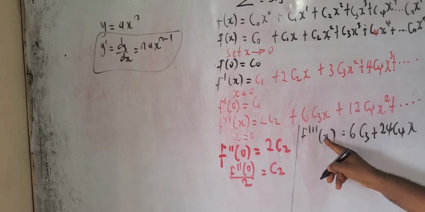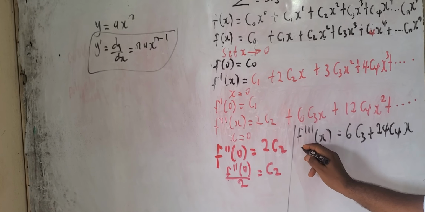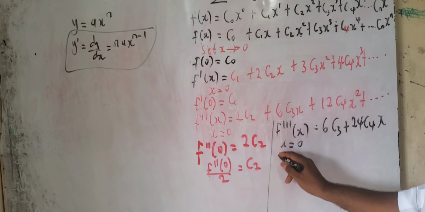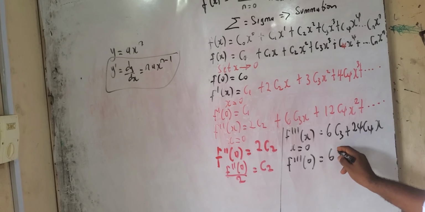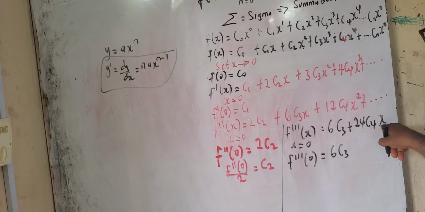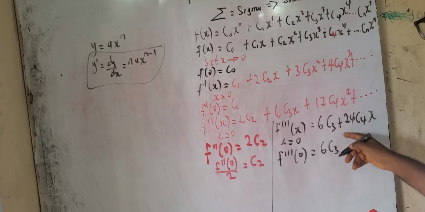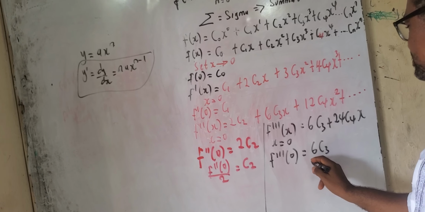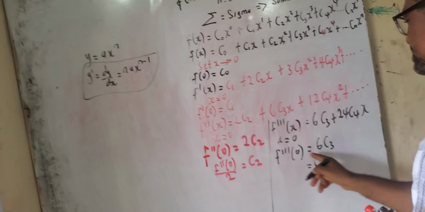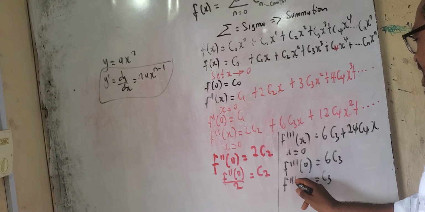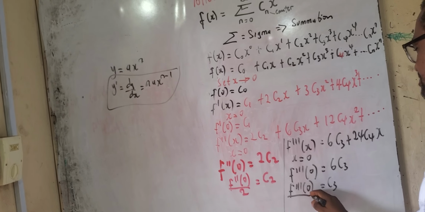So in this case now, to get my c3, I set my x to be equal to 0. So I have f prime prime prime of 0 is equal to c3. Then 0 times this one becomes 0. So I have this one. So therefore my c3 now will become, we divide both sides by 6. So it becomes f prime prime prime of 0 divided by 6.